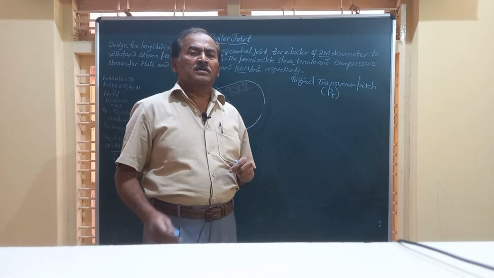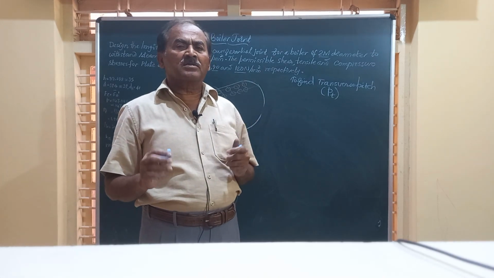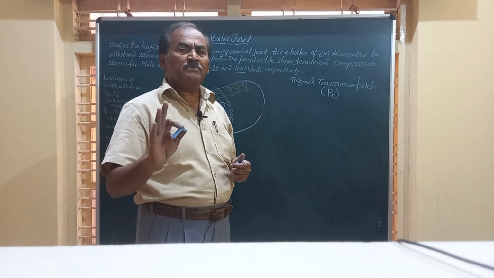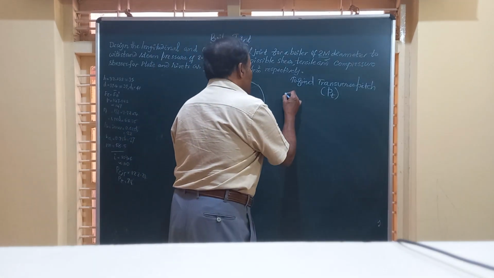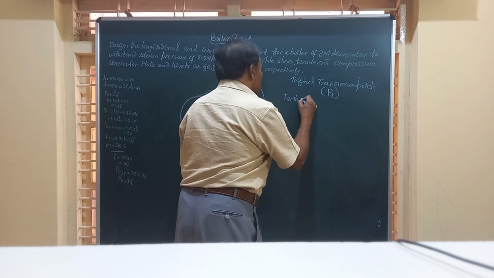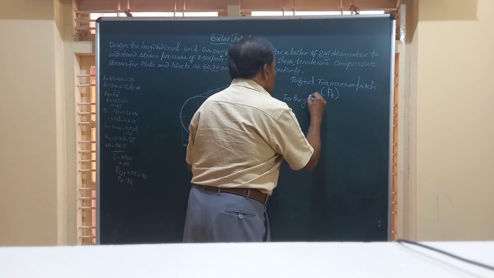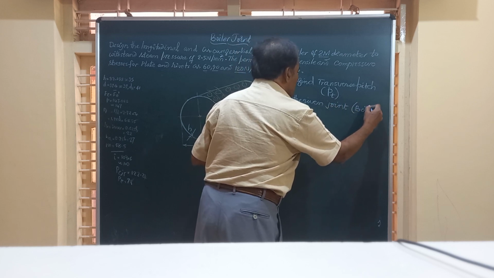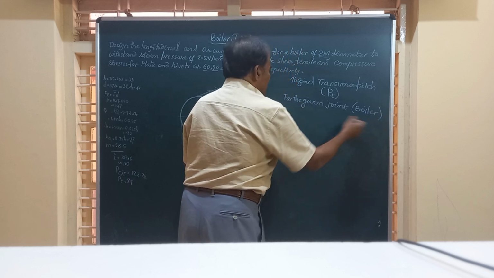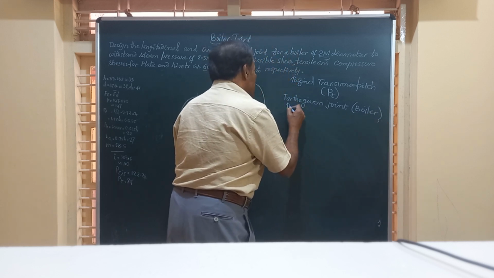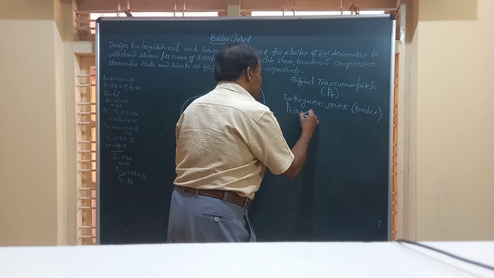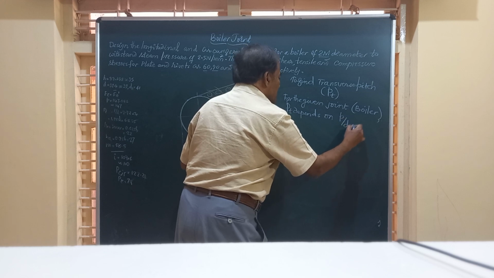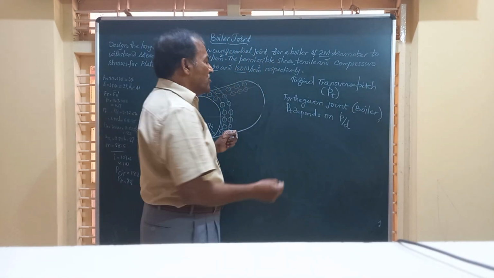Friends, for the boiler joint, this Pt, the transverse pitch, depends on the P by D ratio. For the given boiler joint, Pt depends on P by D. So let's see what is the ratio of P by D we have got.